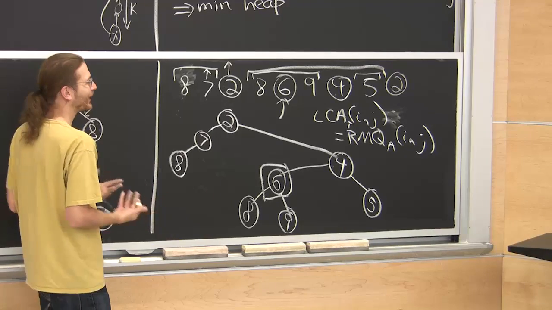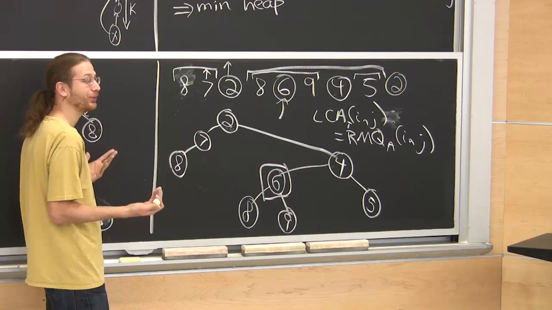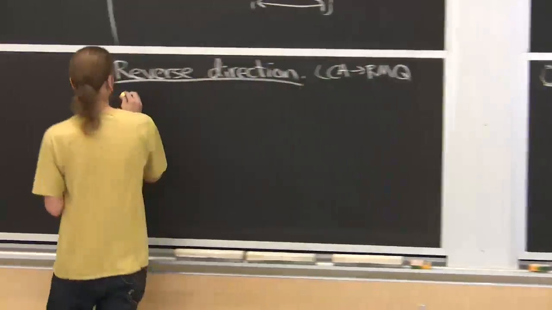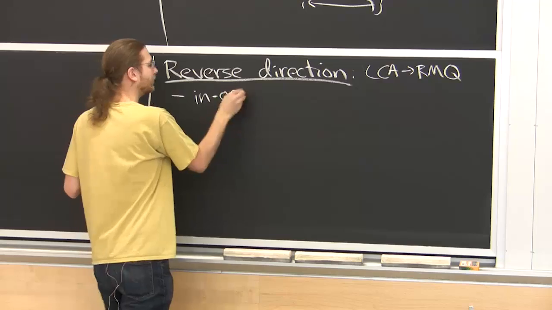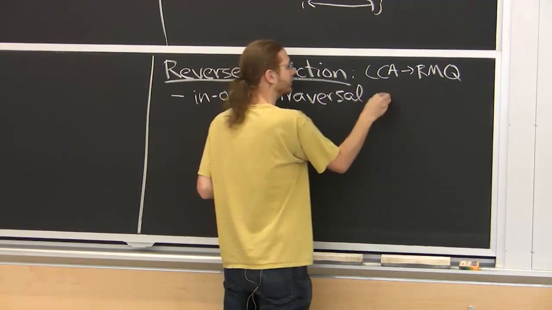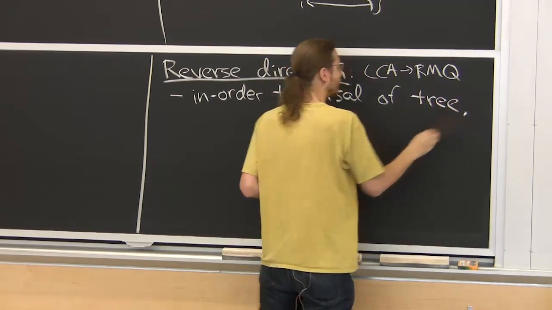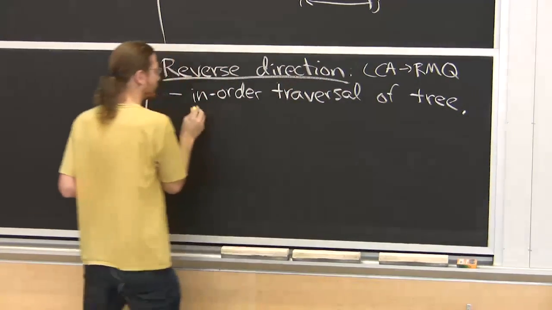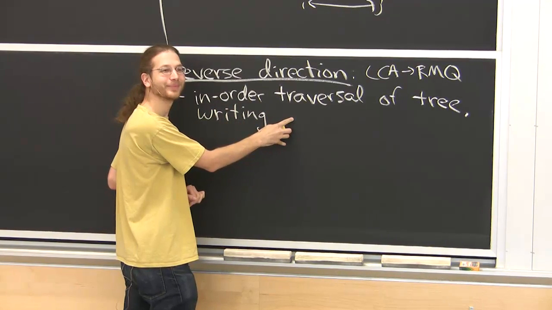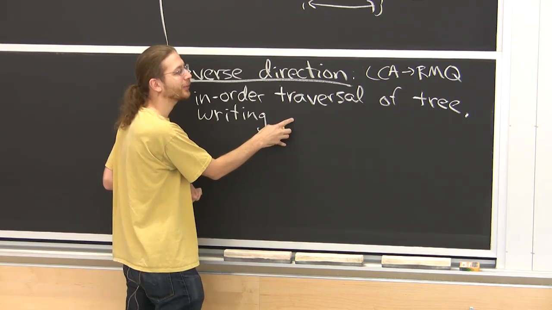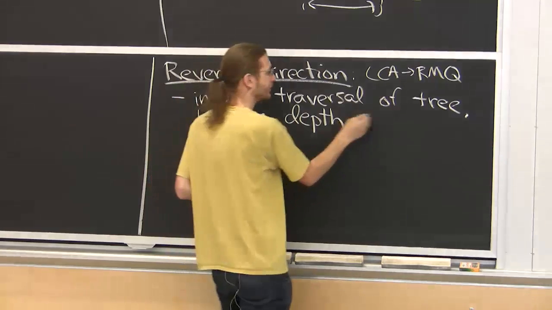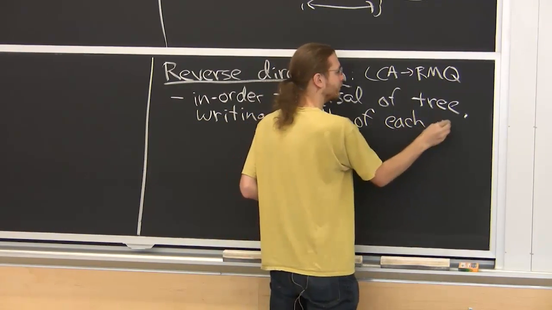So if I do an in order walk and I write stuff, what should I write for each of the nodes? Any suggestions? The height, not quite the height, the depth. That will work.